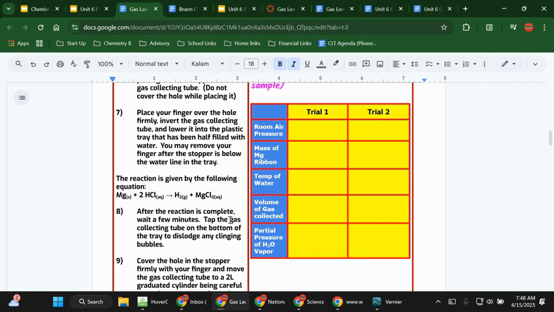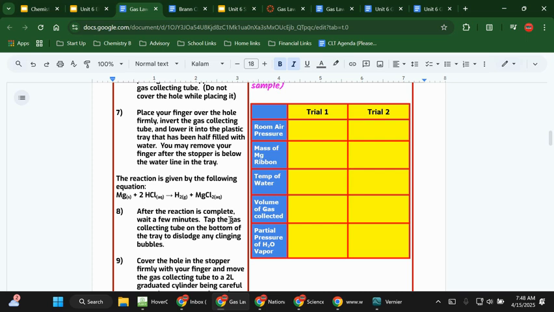I am going to what is called equalize the pressure. Please listen, because I'm answering a question for you in the lab questions. To equalize the pressure inside, I am going to take this tube and I am going to put it into here. Okay?